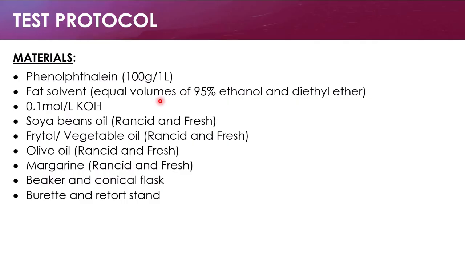We have 0.1 mole per liter of potassium hydroxide. We have both fresh and rancid soya beans oil, both rancid and fresh fried vegetable oil, both rancid and fresh olive oil, and both rancid and fresh margarine, a beaker and a conical flask, and a burette and a retort stand.